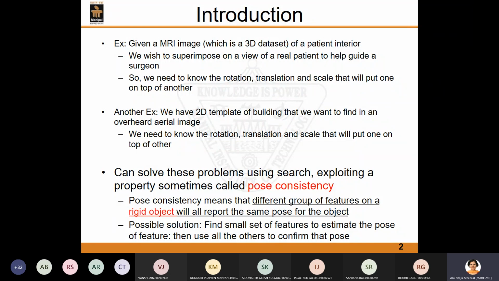Now, what are some of the applications of image registration? One example is in the medical field. Let's say you have a tumor in a brain and you are trying to take an MRI.